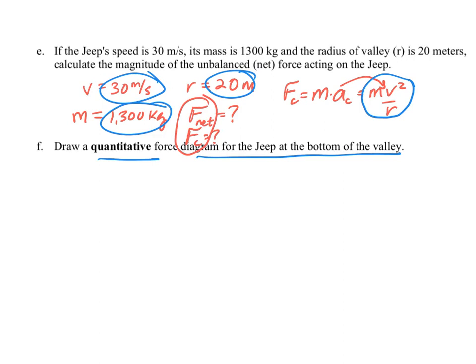Now that you know FC, let's go back to our force diagram of the Jeep. We had FG pointed down. We had the normal force longer and pointed up. This number that you're going to calculate right here is the centripetal force, which is also known as the net force. Well, neither one of these is the net force. These are individual forces that are acting on the Jeep. The net force is the sum of all those forces added together, and it's whatever's left over.